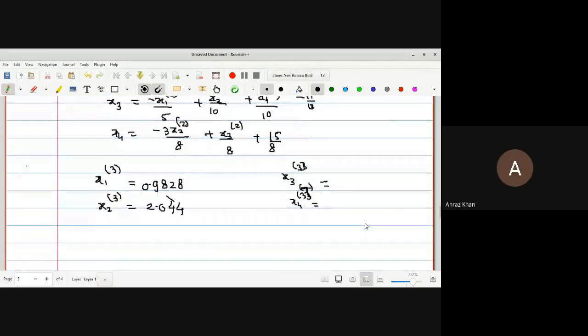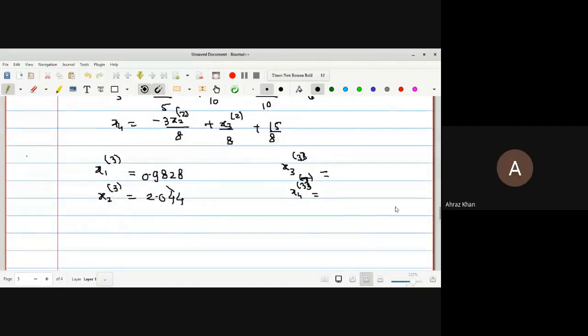Ma'am, x3(3) is minus 1.015. Okay, what about x4 last? I will write it as 0.99 something, or we can equate it to 1.